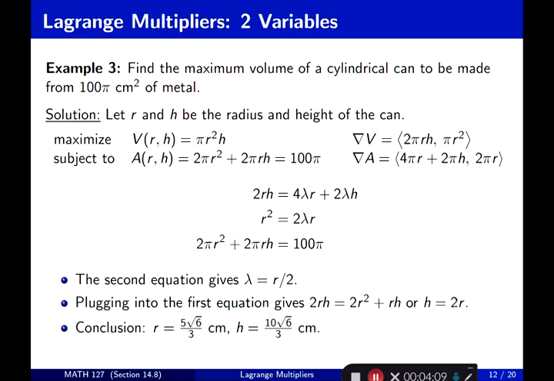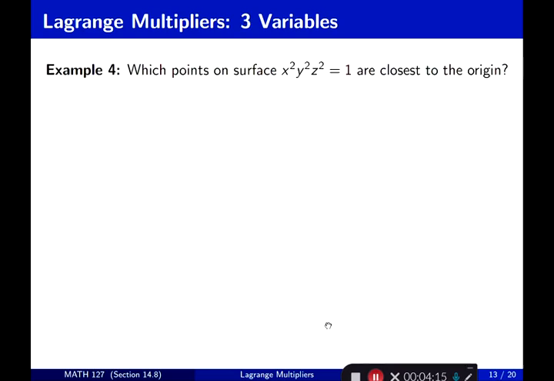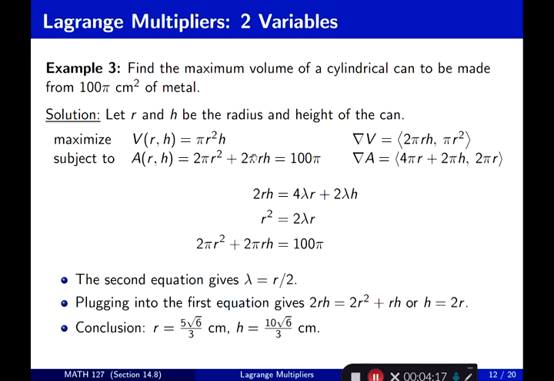Then twice that is going to be h, and by replacing that back in the volume function, you get the maximum volume.